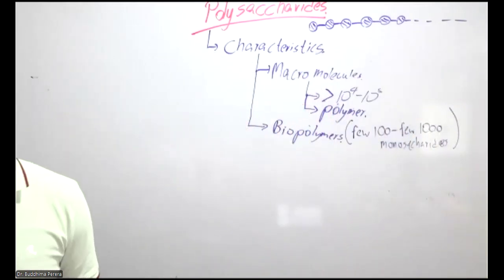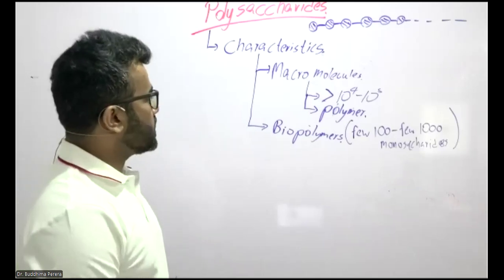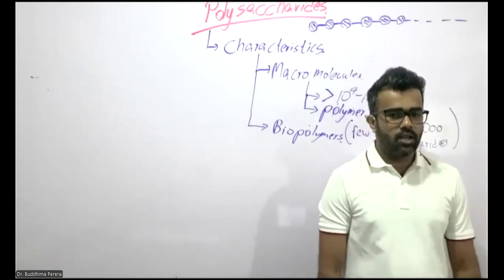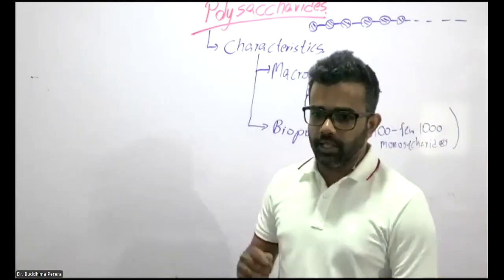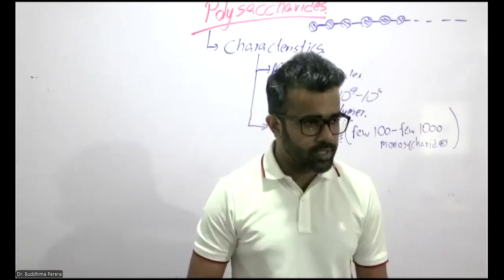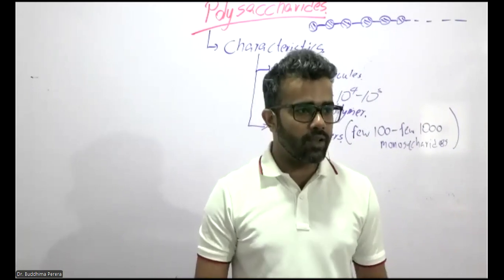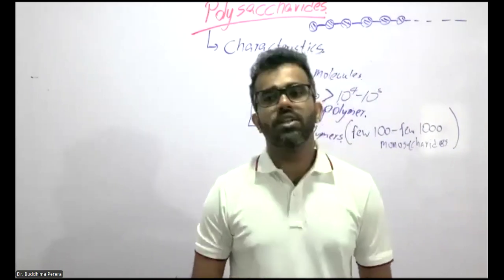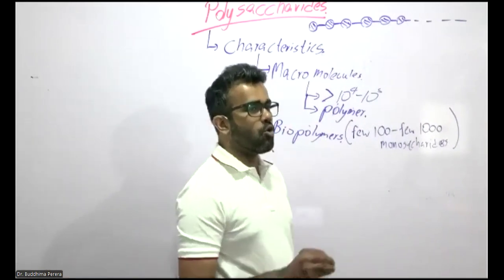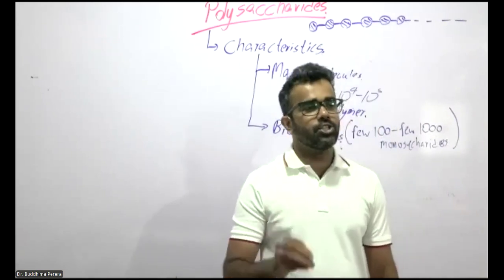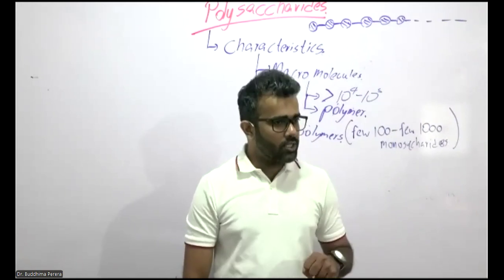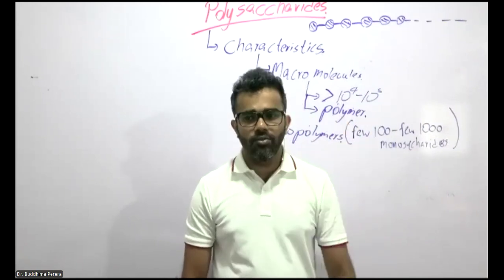When remembering the characteristics of polysaccharides, you can keep in mind the polysaccharide you know the most. What is the most common polysaccharide you will find in your day-to-day life? Starch. If you can remember starch, you can remember the characteristics of polysaccharides.